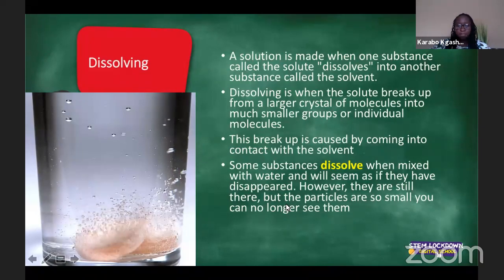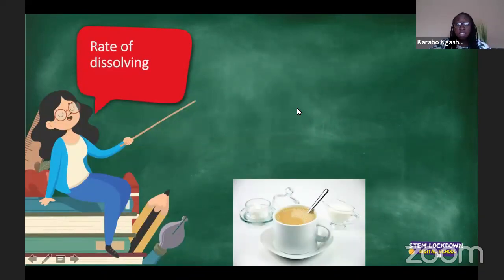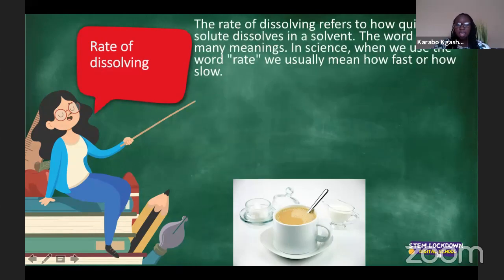All right. Now let's talk about the rate of dissolving. How fast does dissolving actually happen? The rate of dissolving refers to how quickly a solute, this could be sugar or salt, dissolves in a solvent. A solvent could be water. Now, the word rate has many meanings.